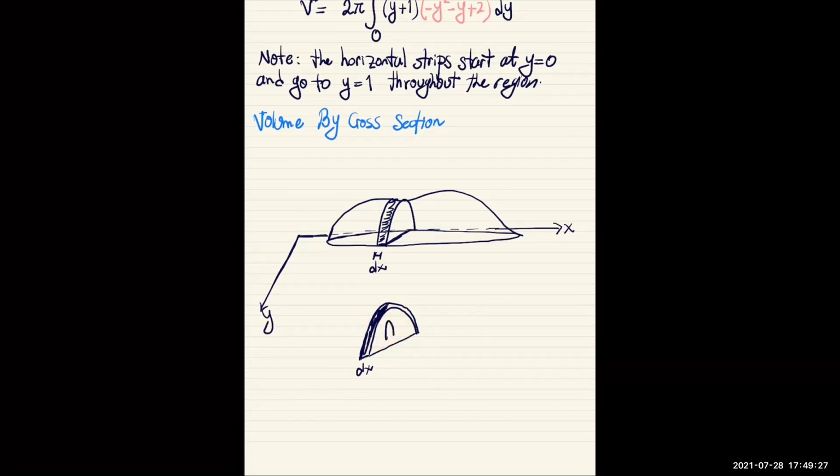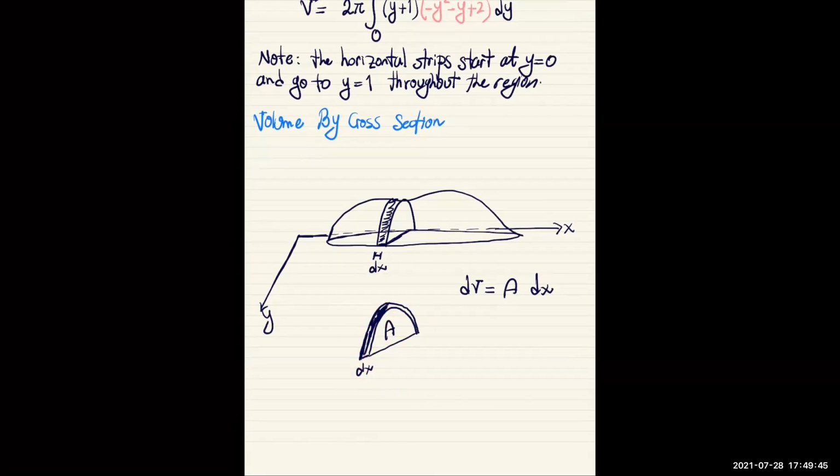And this is just A. So here dV is equal to A times dx. You guys believe that? Area of the surface times the thickness gives you the volume of this slice.